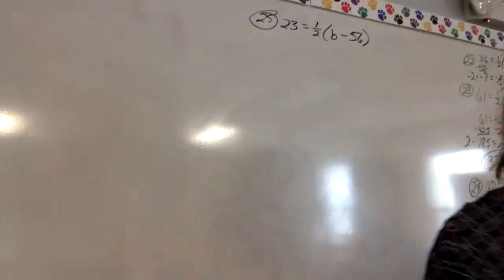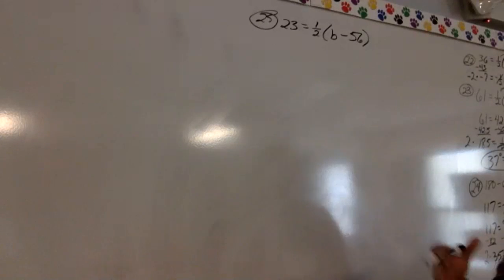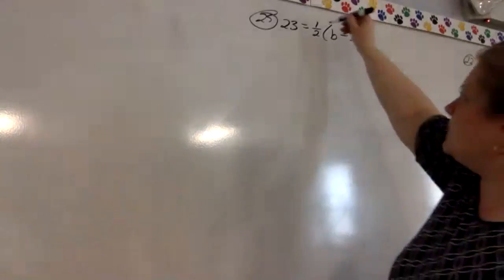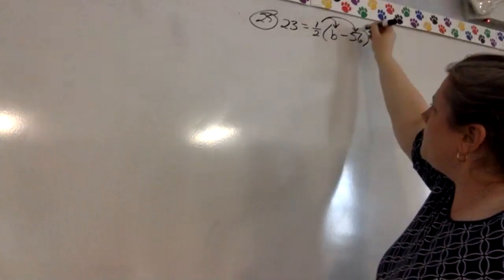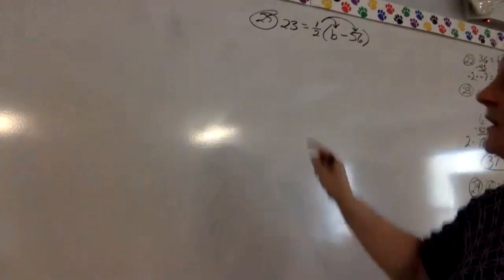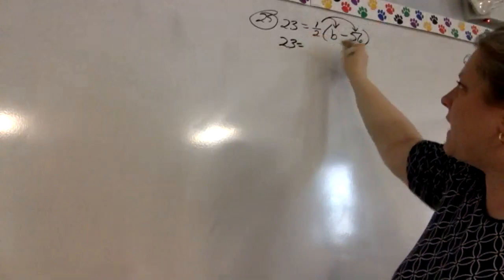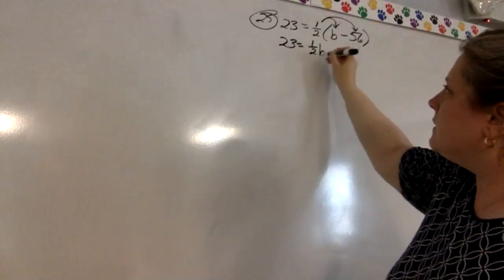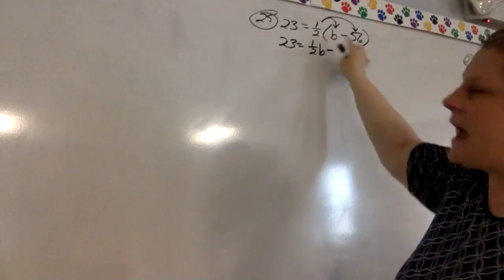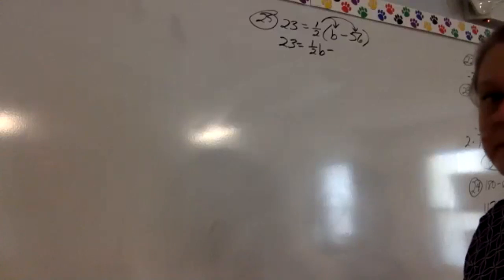The same concept, except this time you're looking for the bigger one instead of the smaller one. You use the distributive property to multiply. So I have 23 equals 1/2 B minus half of 56.